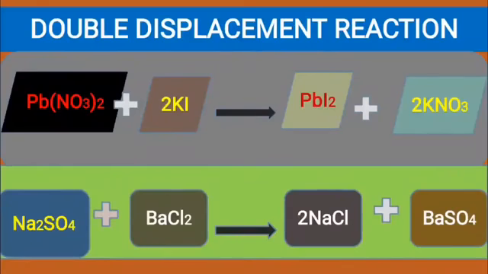Lead nitrate and potassium iodide exchange their ions and form lead iodide and potassium nitrate. In the second example, sodium sulfate reacts with barium chloride and they exchange their ions to form sodium chloride and barium sulfate.